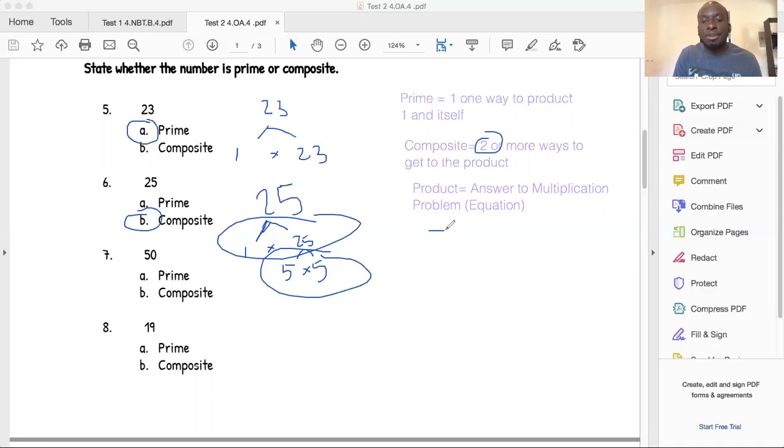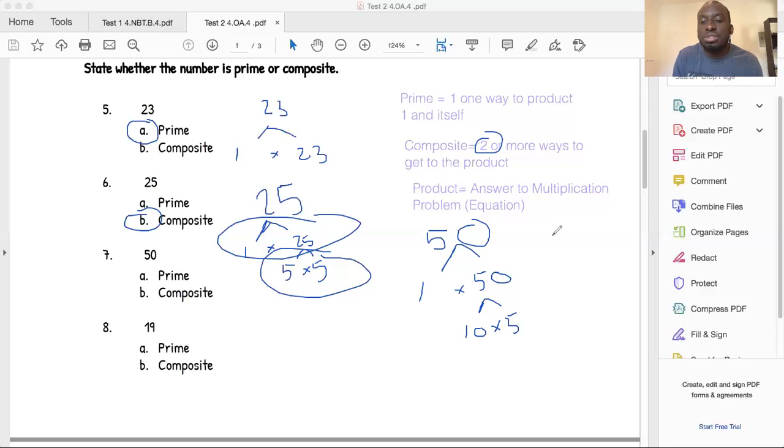Yes? I'm going to do 50 over here. Make my tree. I can do 1 times 50. I can do multiple things, 10 times 5, which goes to show you that there's already more than two ways.